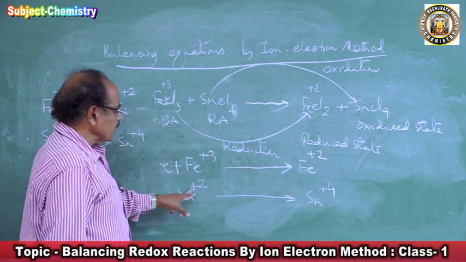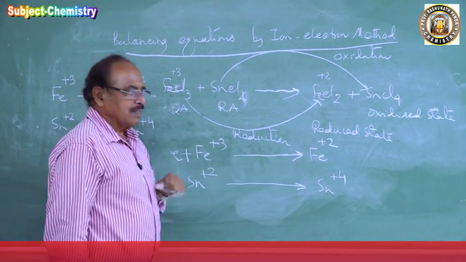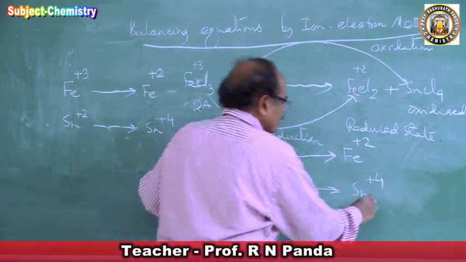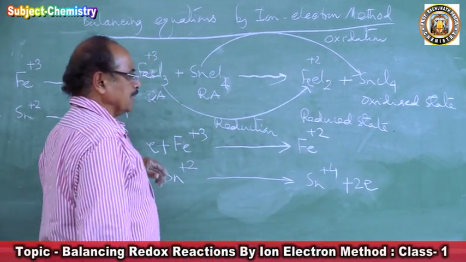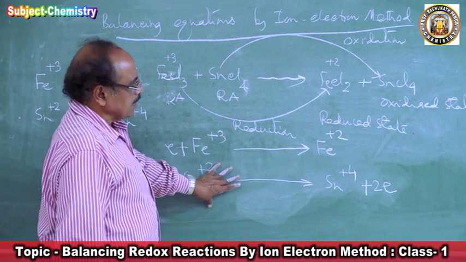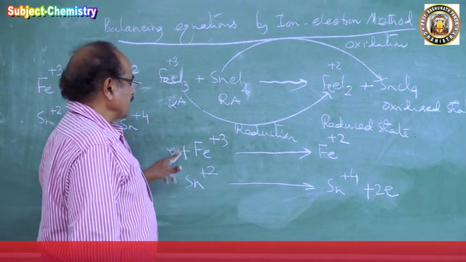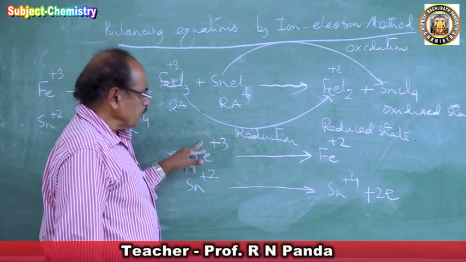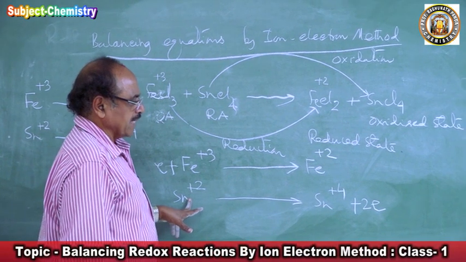How many positive charges are on the left side? 2. How many on the right side? 4. So we'll add 2 electrons on this side. So this is the oxidation half reaction and this is the reduction half reaction. So we wrote the oxidation half reaction and reduction half reaction.